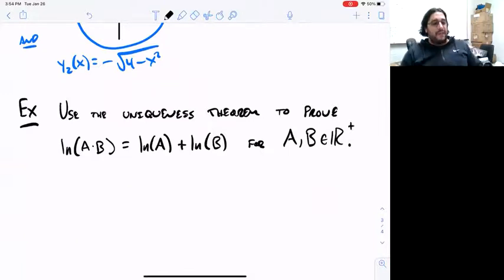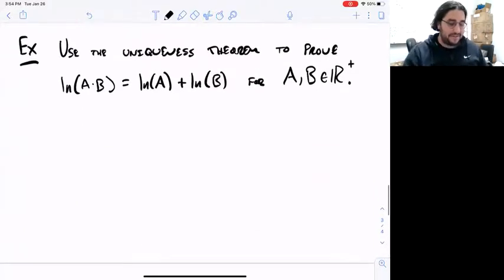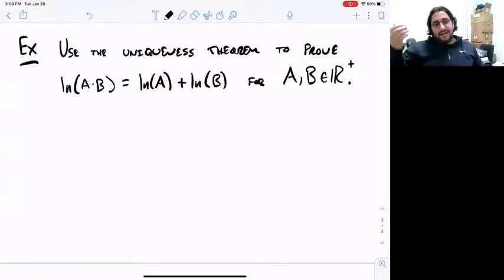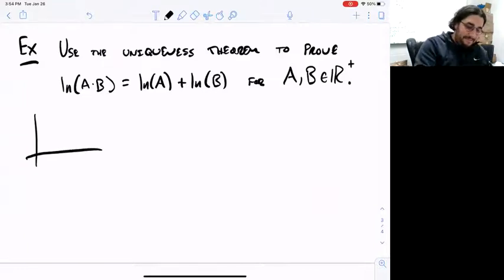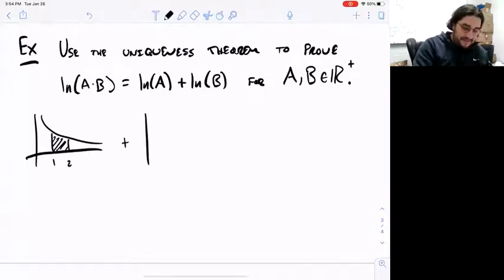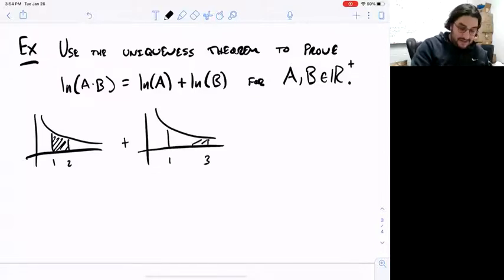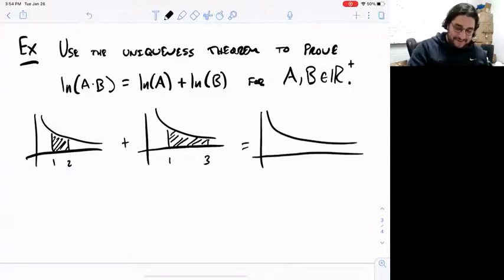And this is kind of a profound result when you think about it. If you're thinking of logarithms as defined as the area under the curve 1 over x, why the area from 1 to 2, plus the area from 1 to 3, if you add those areas, why that should be exactly the area from 1 to 6, right?